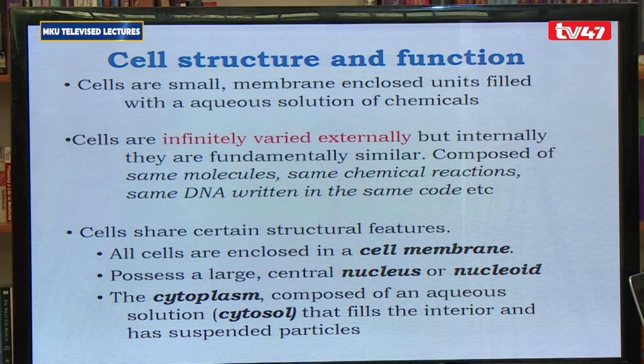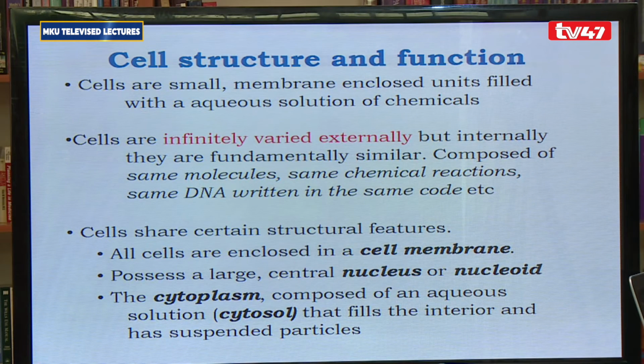They might not be exactly in the same structure, but they are the same components. They participate in the same chemical reactions. If you look at the different cells, you'll see the same chemical reactions happening inside them. They have the same genetic material in the form of DNA with the same structure. They might vary in their order, but the same basic structure is there.